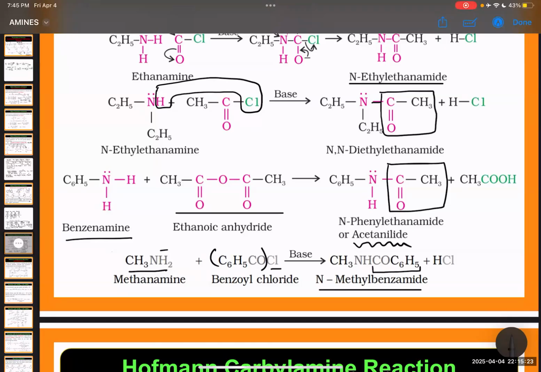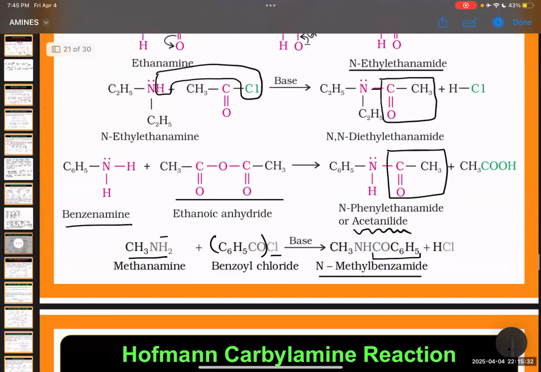And this is known as N-methyl benzamide. Clear? So this benzoylation has a name. Can you tell me what the name is if you remember from NCERT? Benzoylation reaction. Schotten-Baumann reaction.